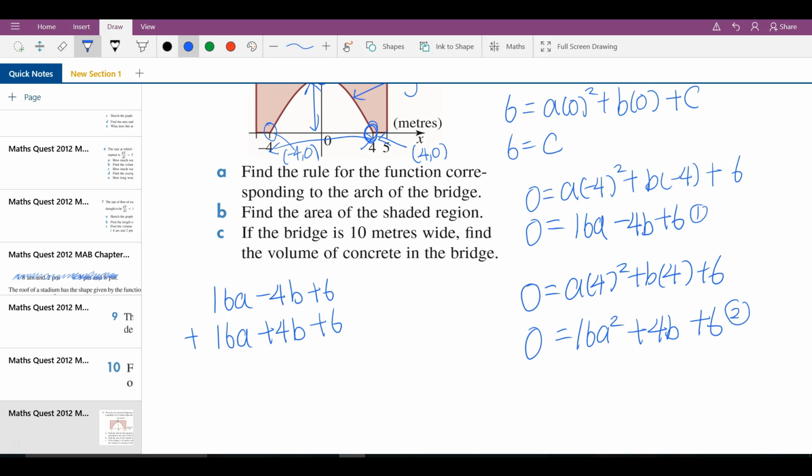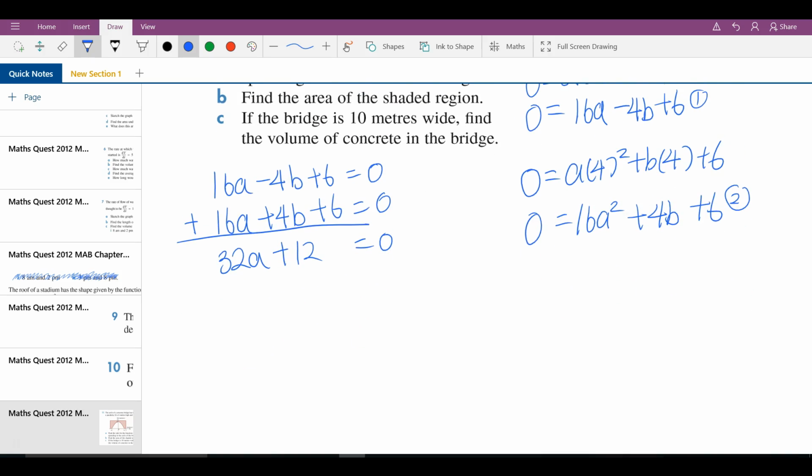All right, let's add these two equations. So 16a plus 16a will be 32a, and minus 4b plus 4b just cancel out. So they're both equal to 0. Plus 6, positive 6 plus 6 is 12, and 0 plus 0 is 0.